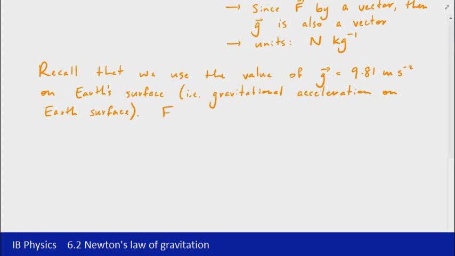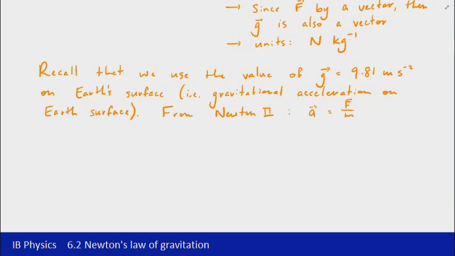But keep in mind that from Newton's second law we can rearrange that equation, F equals ma, to get that the acceleration is equal to force over mass. So we've got a is equal to F on m, and we've also got lowercase g is equal to F on m.